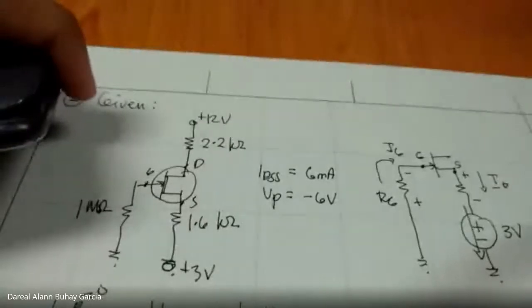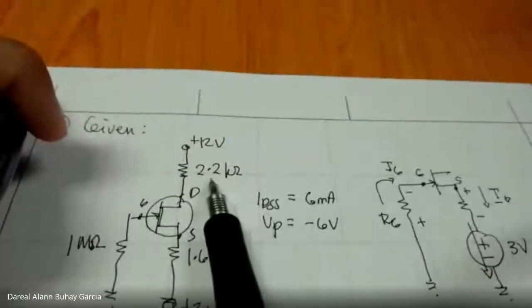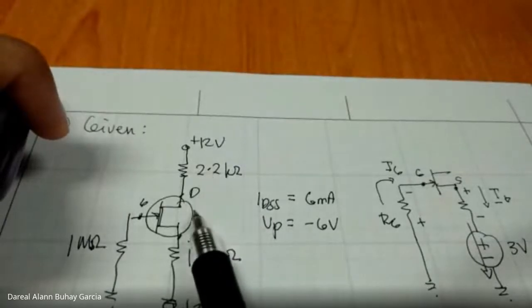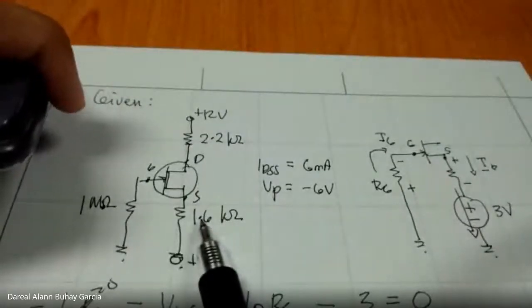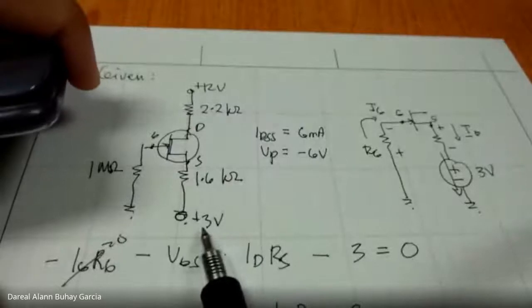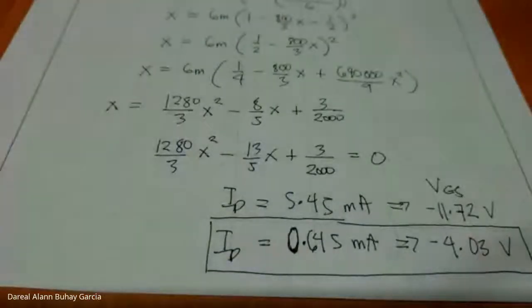Kung ang KVL din na speakas, 12 minus IDRS, IDRD, minus VDS, minus ISRS, minus 3 gyapon. No? So, KVL to dito.